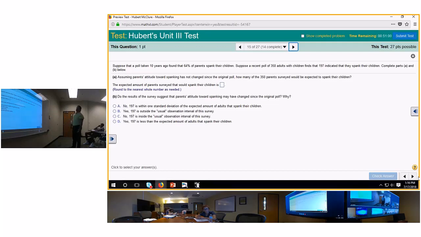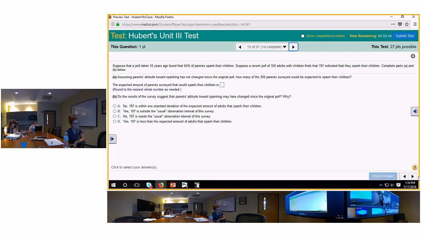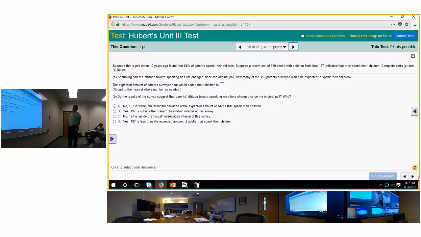Assuming parents' attitude towards spanking has not changed, how many of the 350 parents would be expected to spank their children? I'm reading the question over. Well, then you would take 64% of 350.